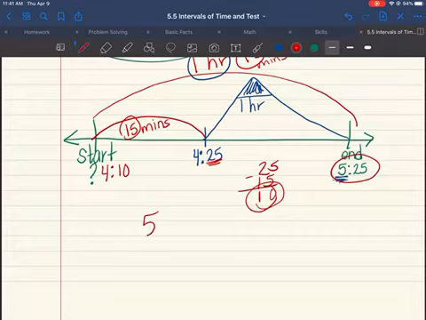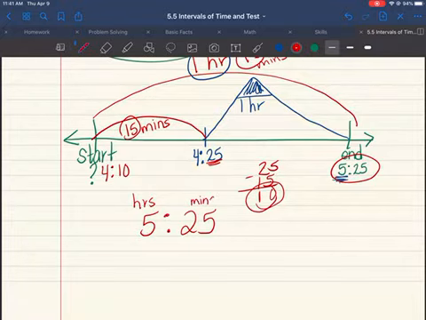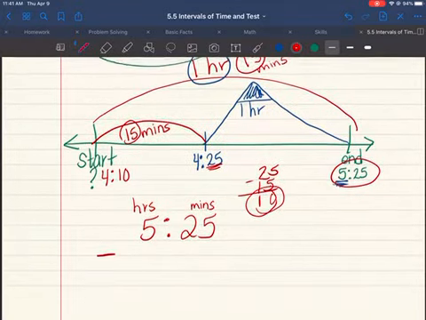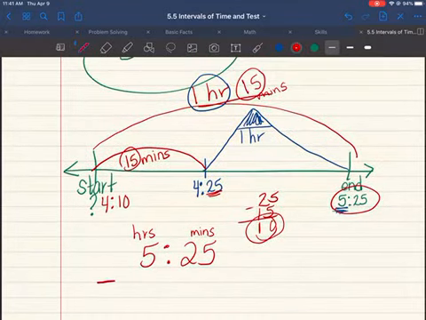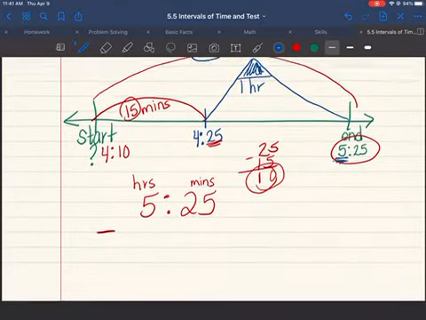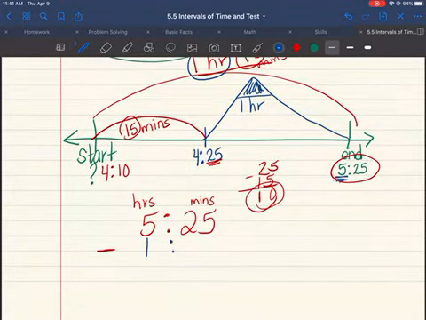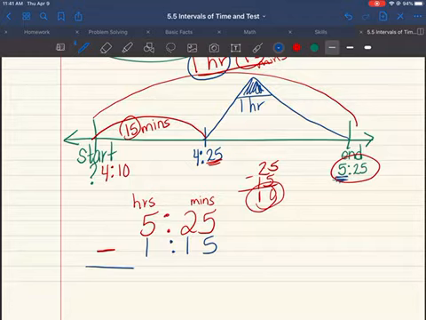My start time was 5:25. These are my hours, and these are my minutes. And I'm going to take away. Remember, we have to take away because we're going back. We have to take away our duration, which was 1 hour and 15 minutes. So I'm going to say 1 hour and 15 minutes.